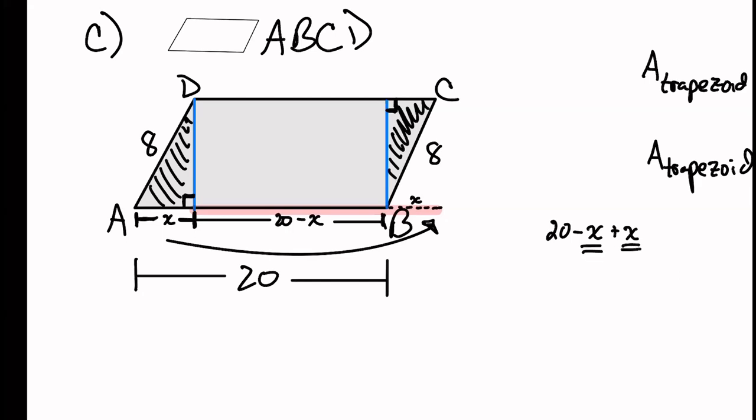They're going to cancel out, and you're just going to be left with 20. So whether I take this piece here and call that 20, because x plus 20 minus x, or if I take this piece here, it doesn't make a difference because they're both the same.